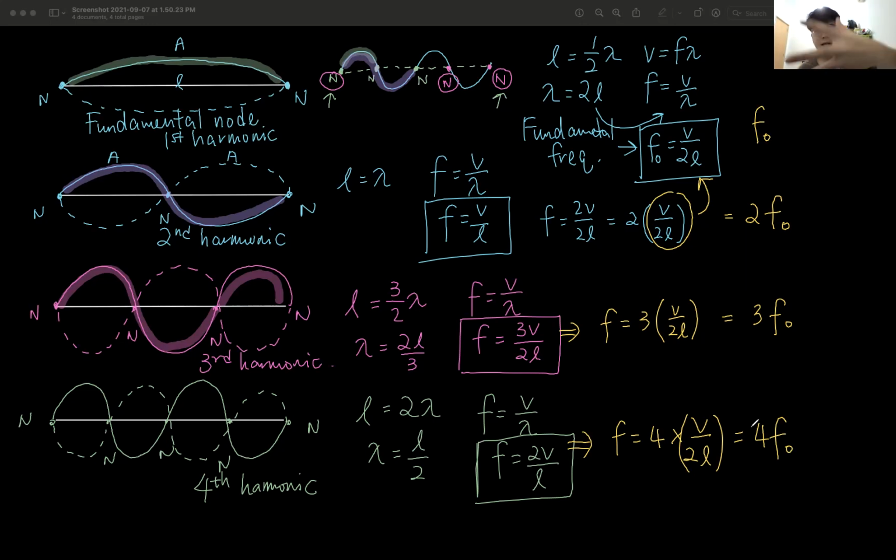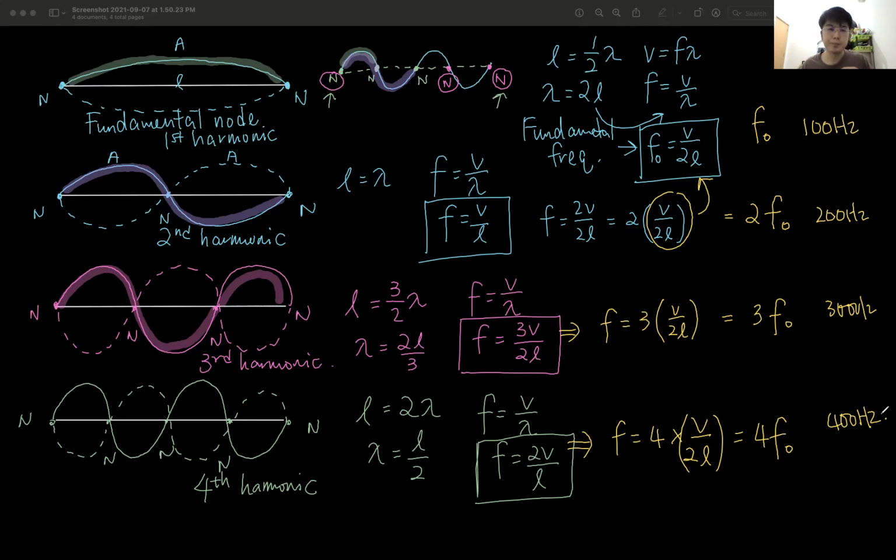All these frequencies come together to our ear and it forms a certain tone. If the fundamental frequency is 100 Hertz, your ear is also hearing 200, is also hearing 300, and is also hearing 400 Hertz together, and it gives you a sound, a particular tone.